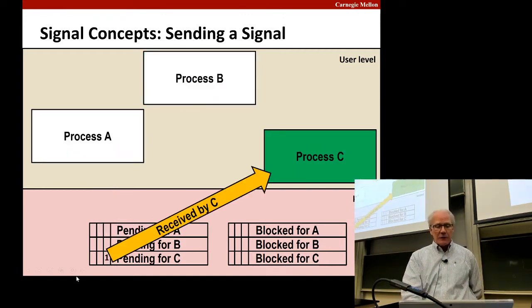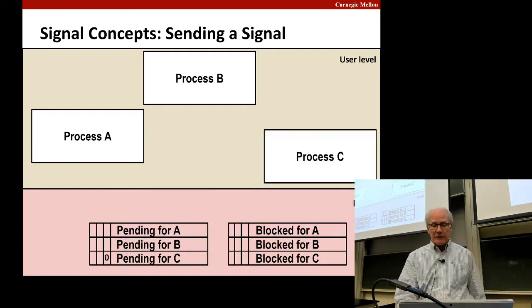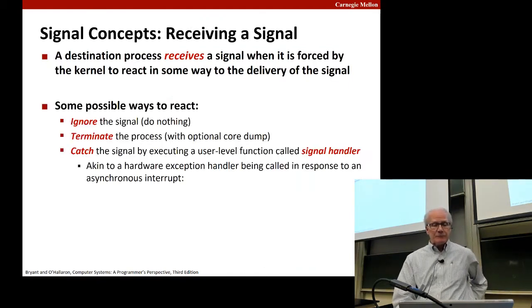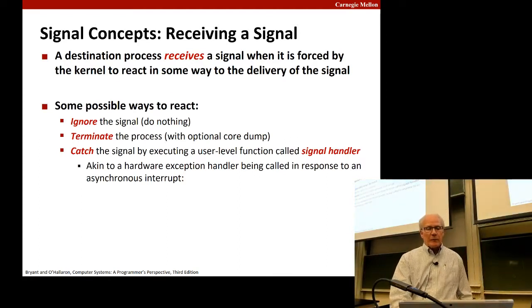But eventually, imagine this signal got set for C, and then process C now responds to that. And when it responds, something's going to happen. As I mentioned, one of the possibilities is it will ignore it. So even though that signal was delivered, nothing happens.